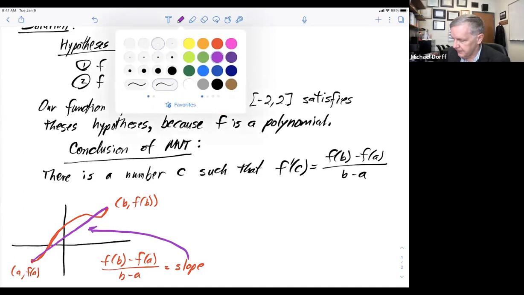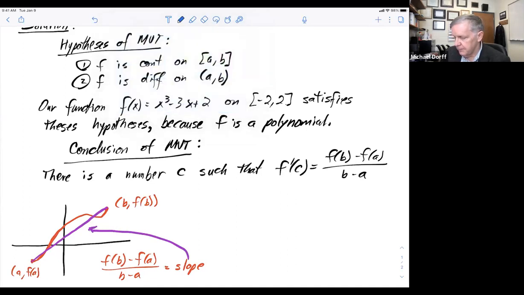And what the mean value theorem then says is that there's going to be some point in between a and b such that if I look at the derivative of the function at that point, it's going to have the same value as the slope of that purple line. Remember, the derivative represents the slope of the tangent line.